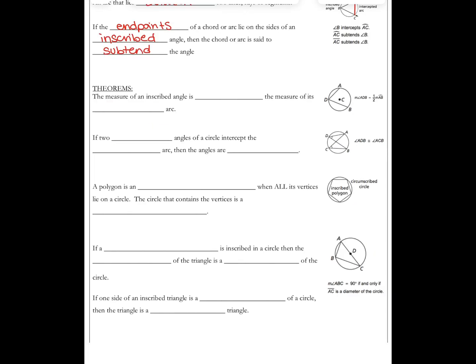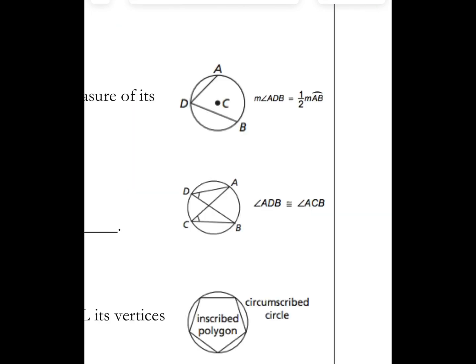Some theorems in this concept include: the measure of an inscribed angle is 1/2 the measure of its intercepted arc. The measure of angle ADB, which is this angle here, is equal to 1/2 of the arc AB.